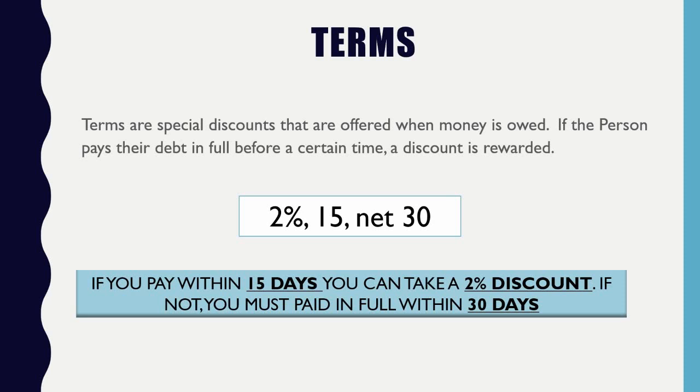But if I do not pay within 15 days, I must pay the whole bill in full in 30 days. There is a condition that needs to be met in order for you to take the discount, and that condition is that you must pay the entire bill off within 15 days. If not, the whole bill is due in 30.